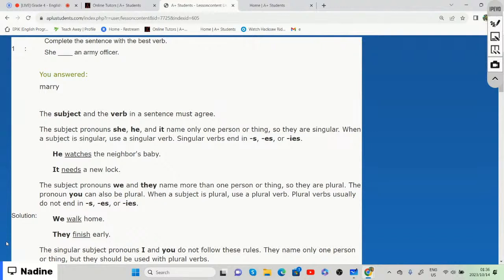And then we also say that the subject pronoun, it names more than one person or thing. So they are plural. And the pronoun you can also be plural.